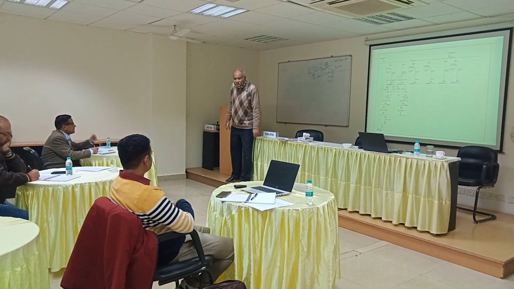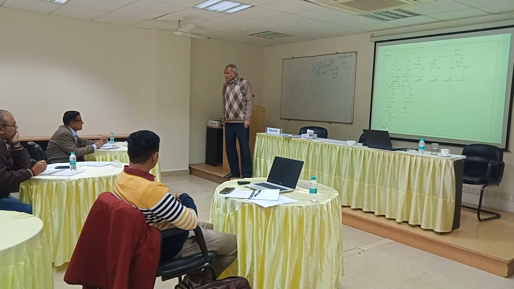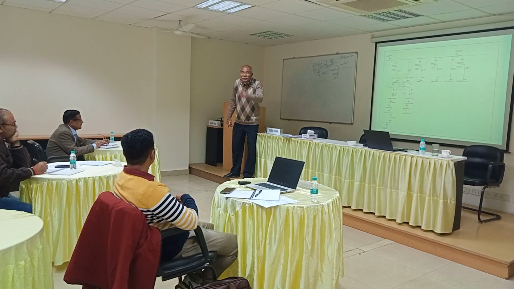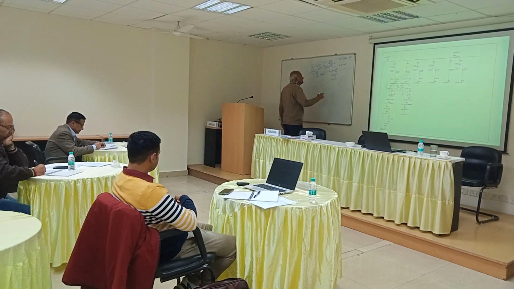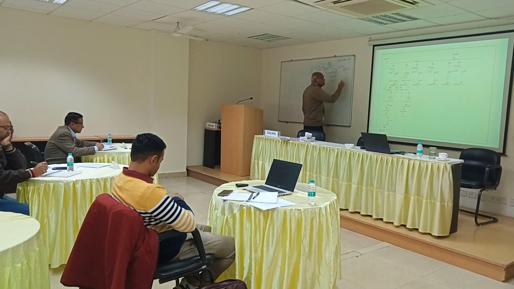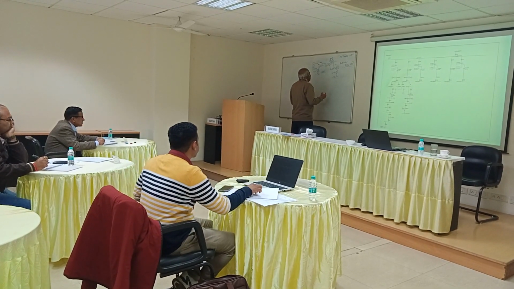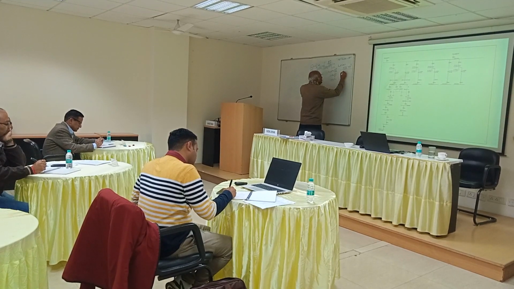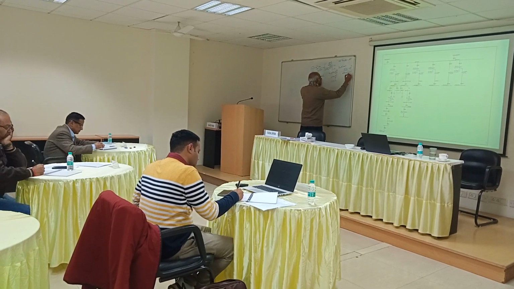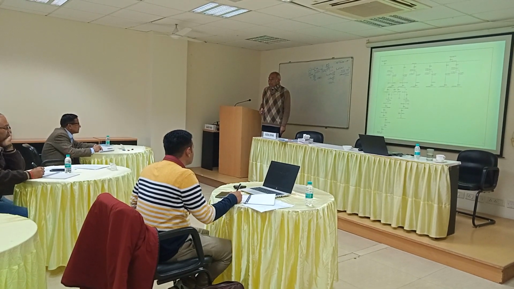Because all the ohmic values are per phase, you should have a phase voltage. 11 by root 3, into 10 to the power 3, divided by 0.484 plus 0.25 plus 0.05 plus 2.12. How much does it come to? Can anybody calculate with a calculator?